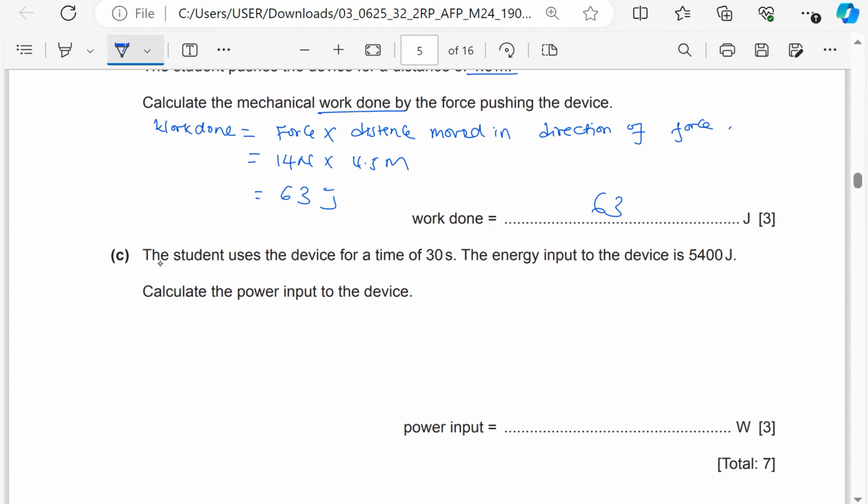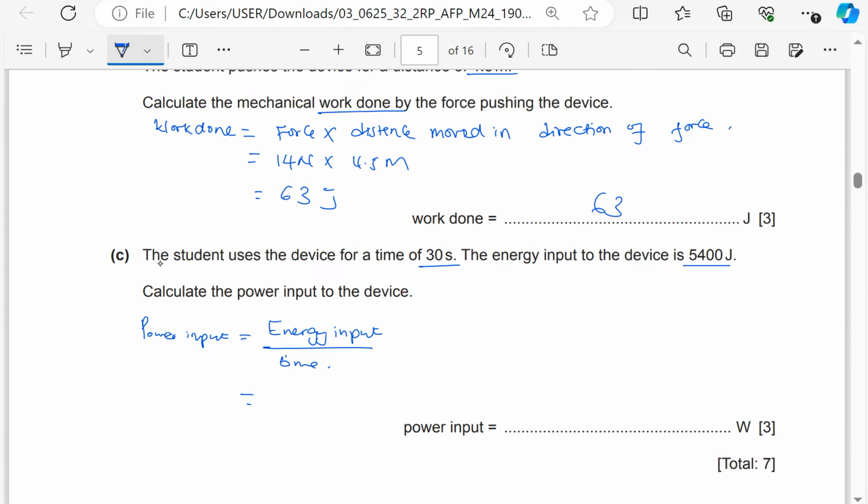The student uses the device for a time of 30 seconds. The energy input to the device is 5,400 joules. Calculate the power input to the device. Power is energy over time, so it's energy input divided by the time taken.